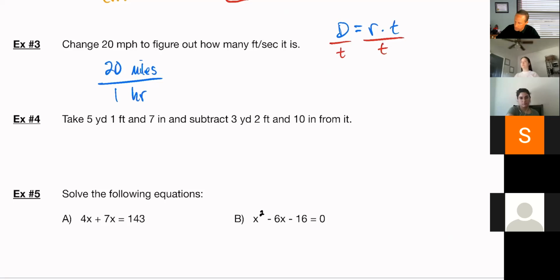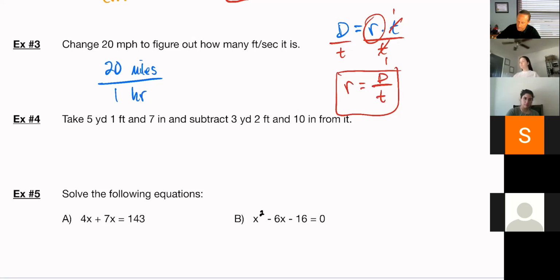And all I'd have to do is undo the multiplying, and that is dividing by t, because we know anything divided by itself is that 1. So now, I have the r, my rate, is equal to the distance over time. And that's exactly what we have here. A distance happens to be in miles over time, which happens to be in hours.